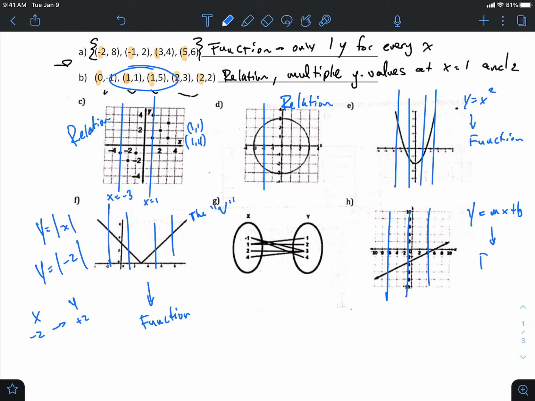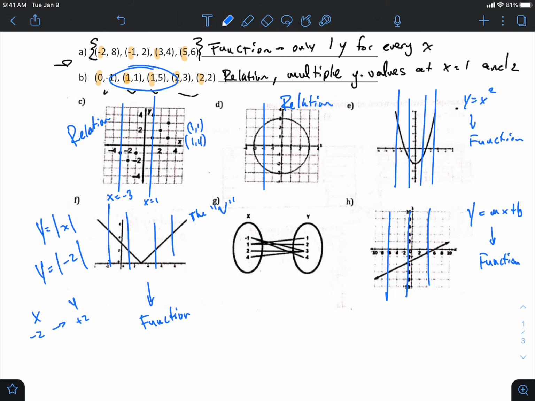This is going to be a function because it passes the vertical line test. But what's the only instance where that's not the case? Can you think of an instance where a line is not a function? Yes, if it's vertical.